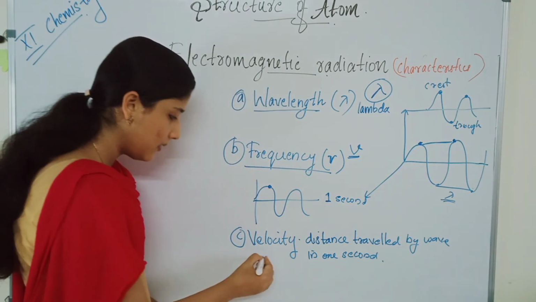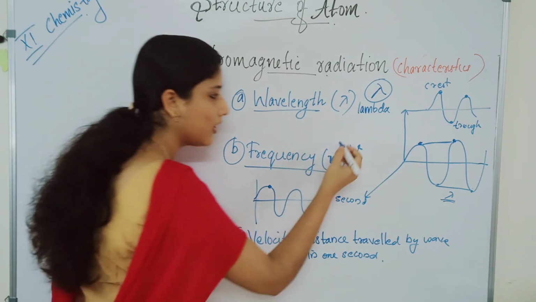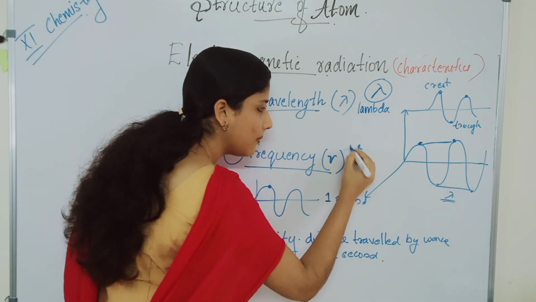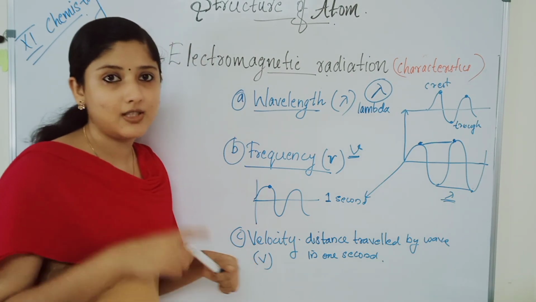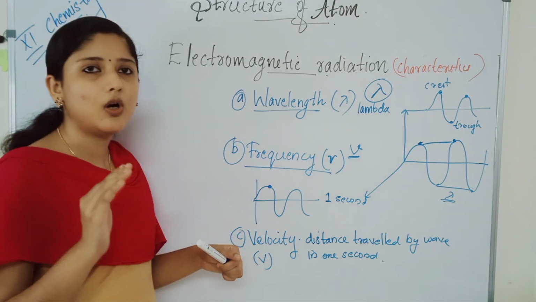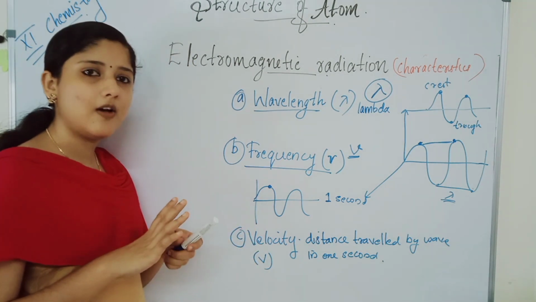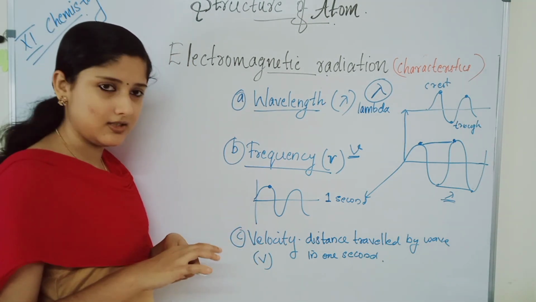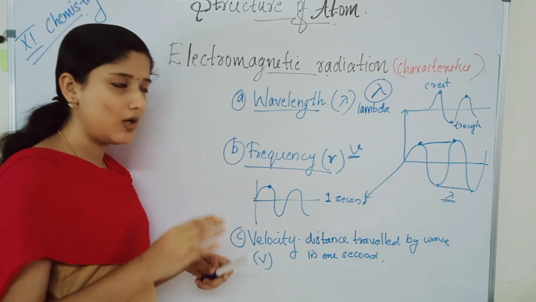Velocity is represented by the symbol v, but frequency by nu. Frequency is the number of waves that pass through a point in a second, but velocity is the distance travelled by a wave in 1 second.